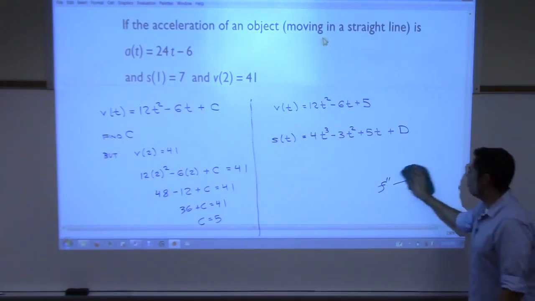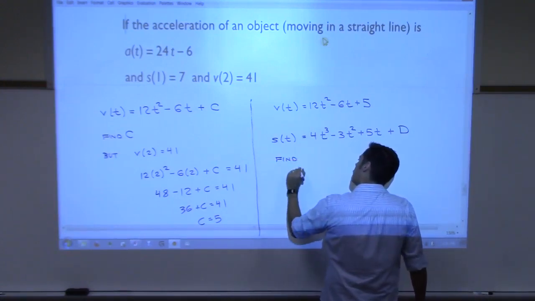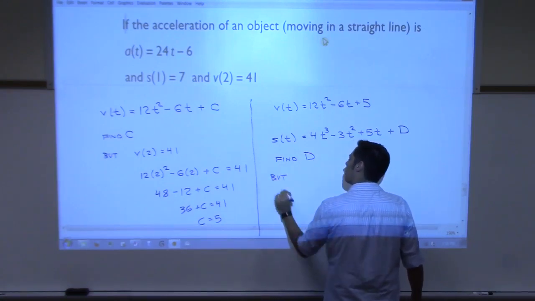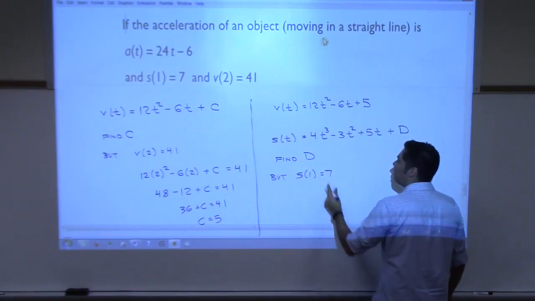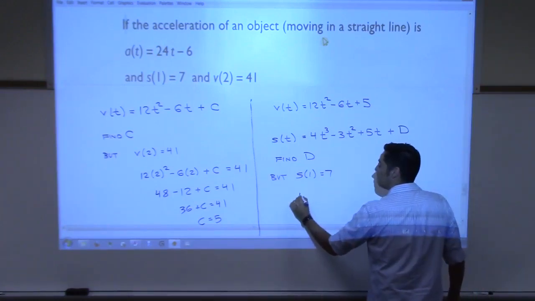All right. So I need to find d now, right? But what do I know? S of 1 is 7. And that means if I replace all the t's with 1s, I should get 7. So this should be pretty easy to plug in, right?